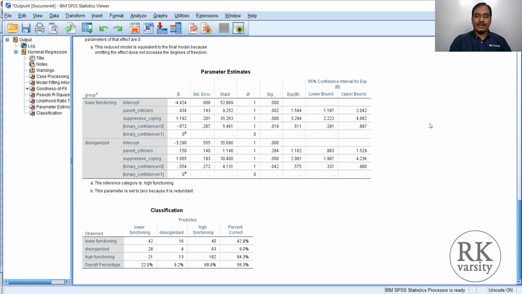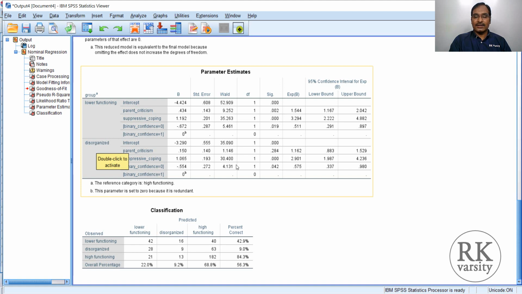So if parents are more critical, then comparing with high functioning, the low functioning ratio is 1.5. Similarly for suppressive coping, with every one unit of suppressive coping, it is going to have 3.29. That is, the odds of low functioning are going to be about three times higher when suppressive coping is there.